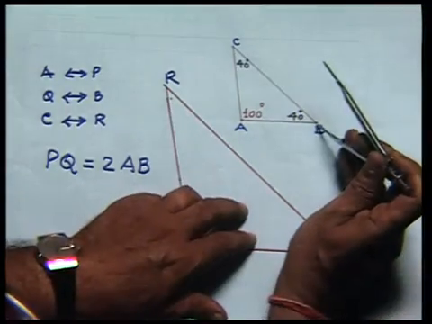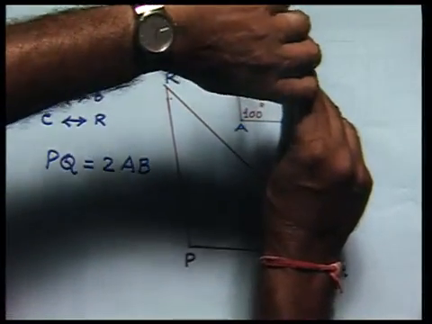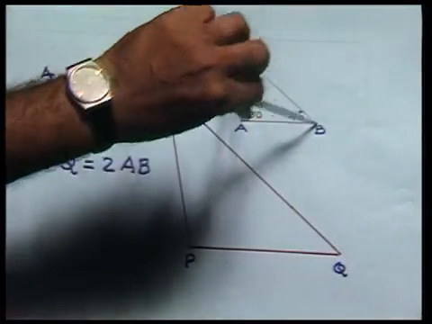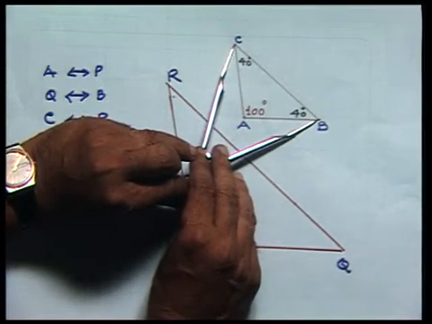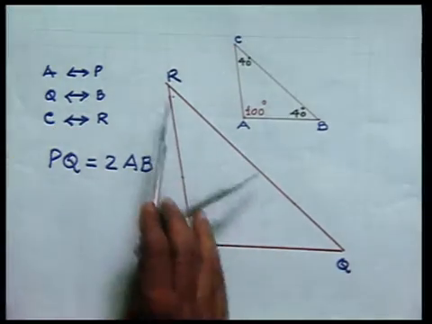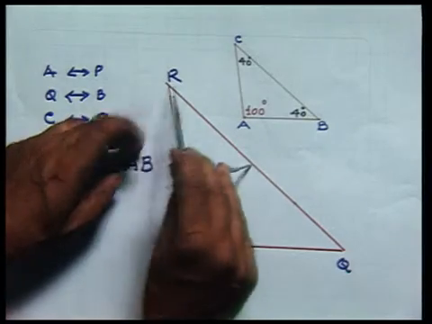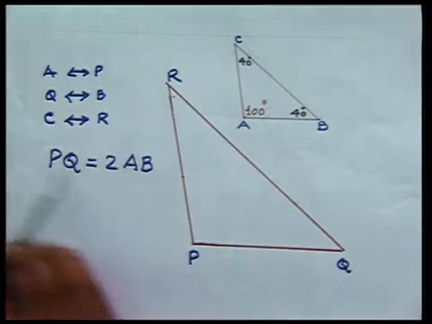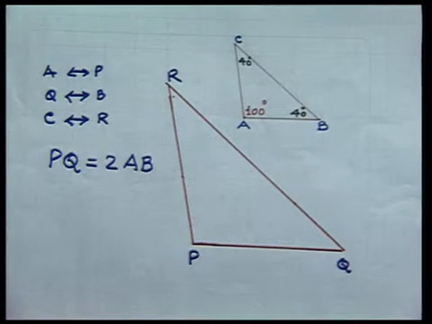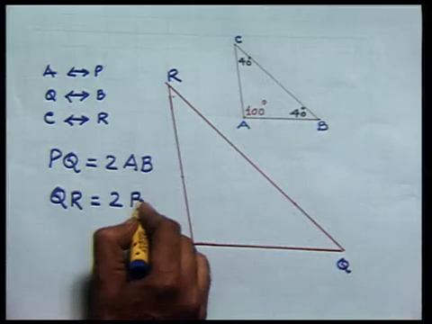BC side has a length equal to this much, and corresponding to side BC is the side QR. So, here we find that QR is twice of BC.